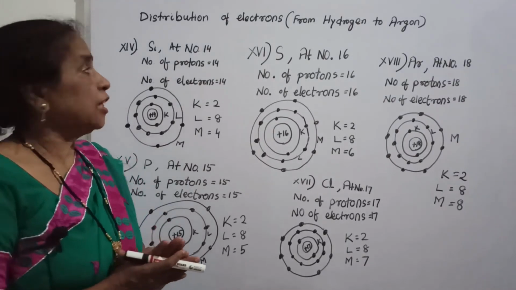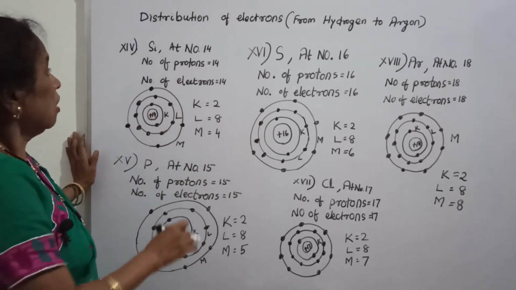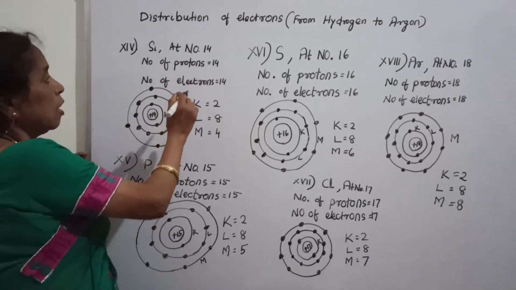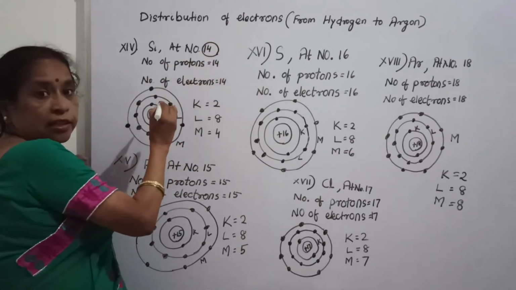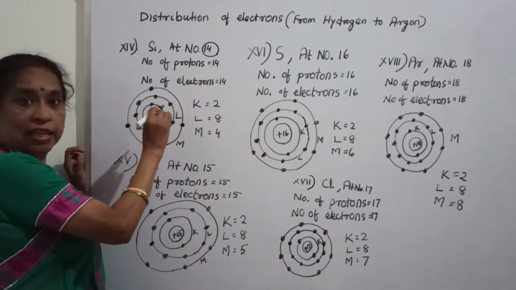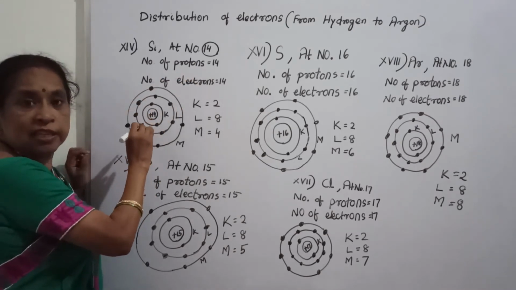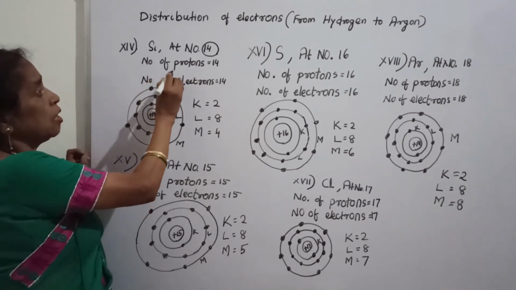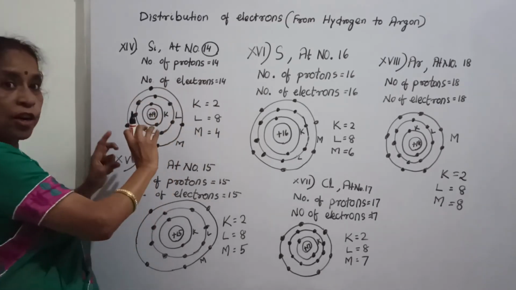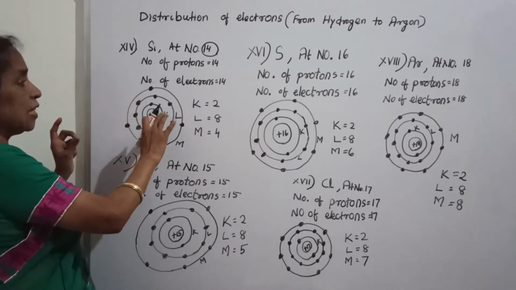Now we will see the distribution of electrons in silicon, whose atomic number is 14. Now number of protons equal to 14, which means plus 14 inside the nucleus, because protons are present inside the nucleus. Here number of electrons is also 14. According to the capacity, the maximum electrons of K shell is 2.